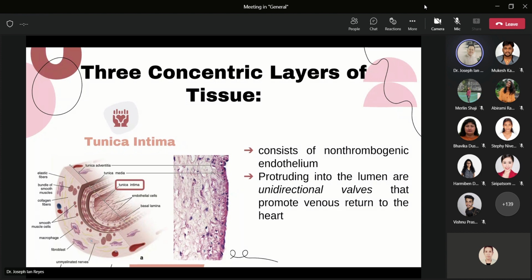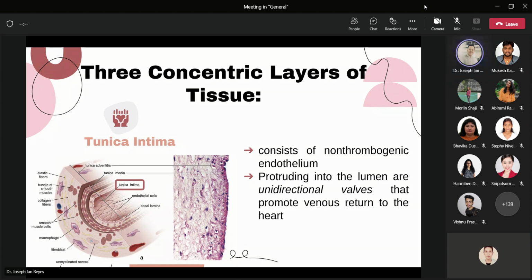In your arteries, it's more about immune responses, responding to damage and thrombosis. For veins, its function is to return blood to your circulation, so it has valves.